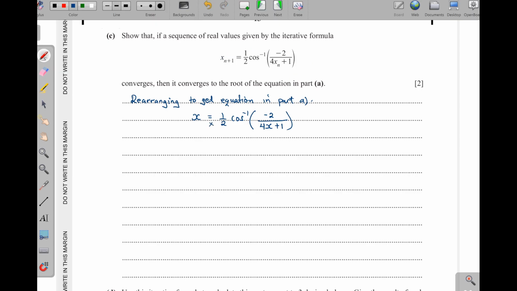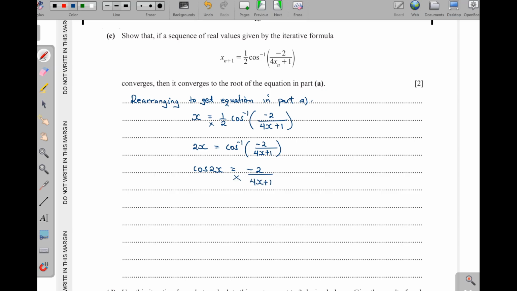If we cross multiply, this one will be 2x, which is equal to the arc cos of negative 2 over 4x plus 1. And then take the cosine this side. We shall have cosine of 2x equal to negative 2 over 4x plus 1.